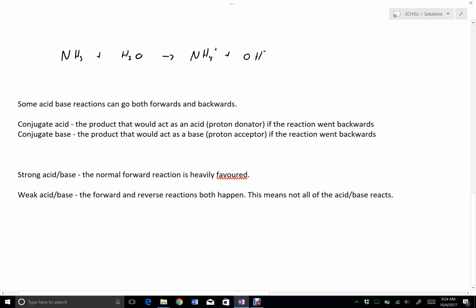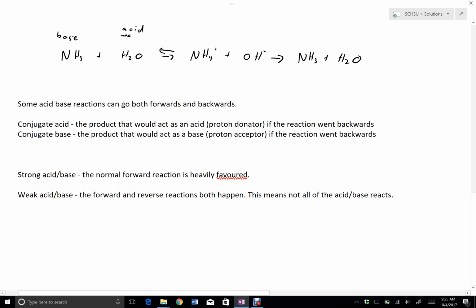Here, if this reaction is going forward, ammonia is acting as the base, accepting the proton from the water, and the water is acting as the acid, as it is a proton donator. Now on this side, these two products get produced, but this reaction can go backwards. Let's just imagine that this reaction went backwards to produce NH3 and H2O.